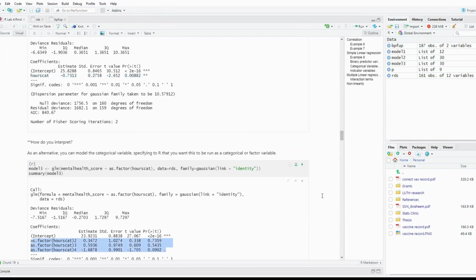Anyone want to tell us what they think is different between the two? If you just pay attention to this column and this column. Anyone?